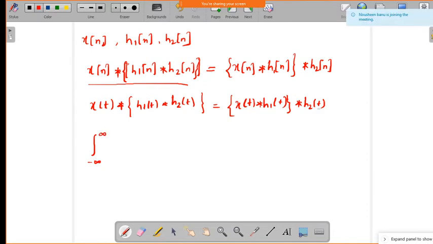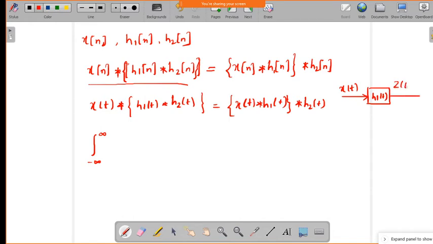Now I'll take this in a block diagram: x of t as an input is given to the first system h1 of t, and the convolution of these two gives the intermediate signal z of t. The second one is h2 of t, and the output you will get is y of t.